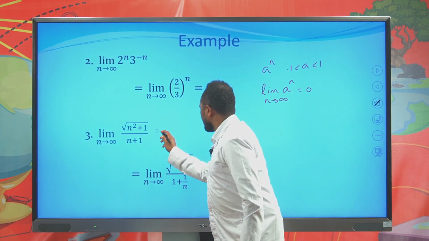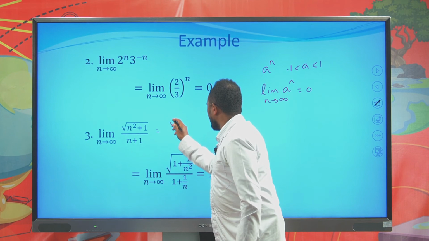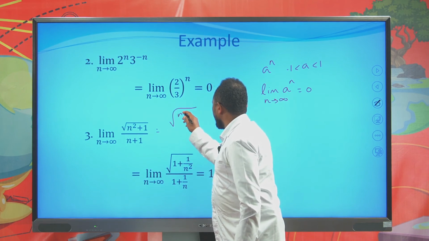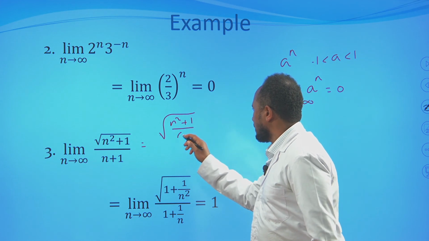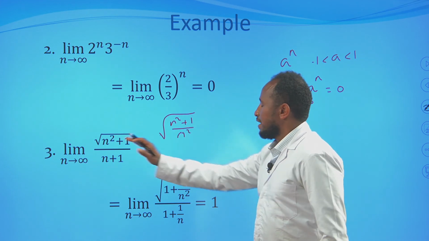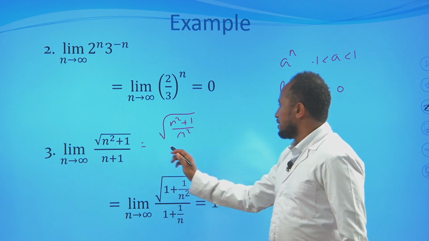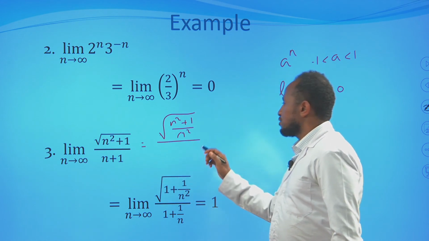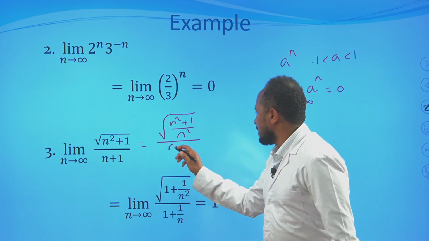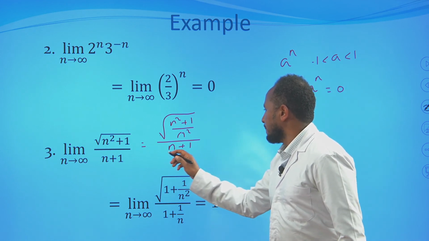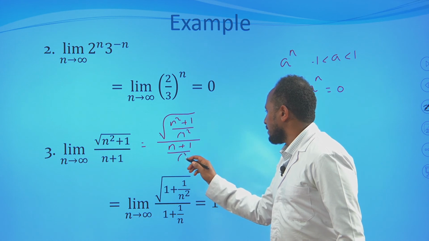Look, this is equal to the square root of n squared plus 1 over n squared. We are dividing by the square root of n squared. The denominator part, the square root of n squared, means it is n, so this will be n plus 1 over n.